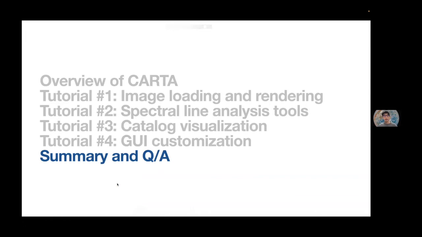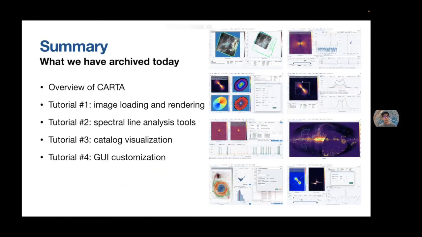All right, so basically I quickly went through different topics about CARTA. And this is just a summary of what we have achieved today. So you should know a little more about CARTA. You should know how to load images into CARTA in different ways, how to render raster images and contour images, how to match them, and how to overplot contours on top of your raster images.